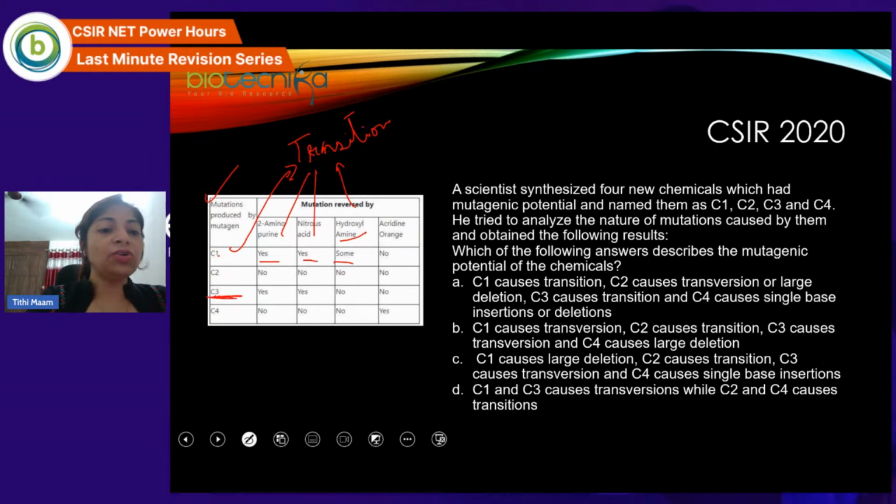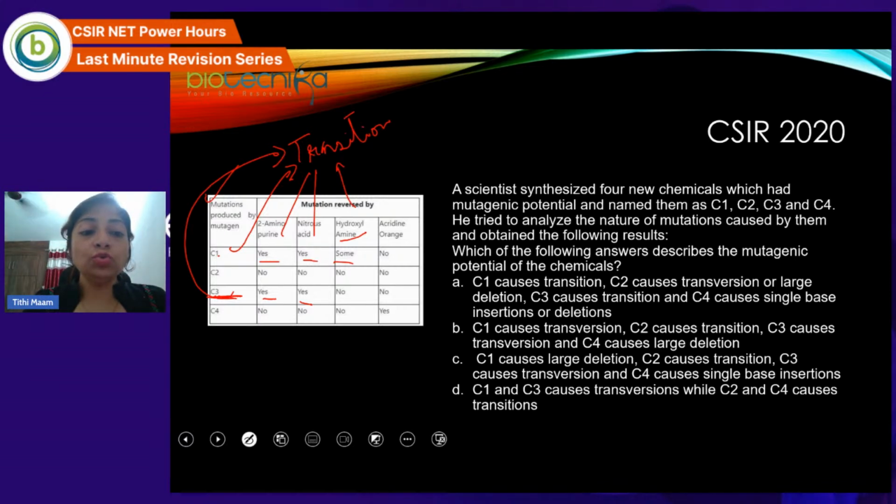C3 can also be reversed by 2-aminopurine and nitrous acid. By hydroxylamine it cannot be, but that is possible because hydroxylamine can do only one conversion, CG to TA, not TA to CG. But still, because it can be reversed by 2-aminopurine and nitrous acid, which produce transition, C3 is also transition.